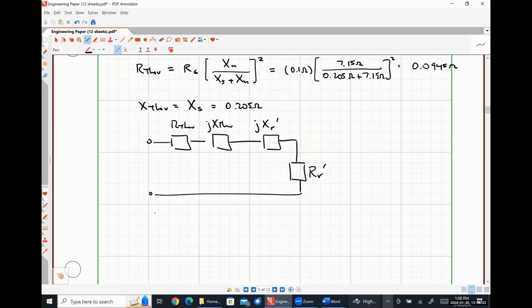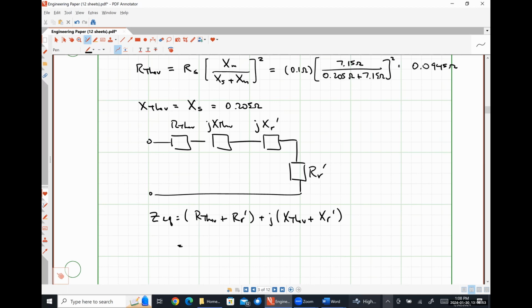So the equivalent impedance of our induction motor is just going to be RThev plus RR prime plus j times XThev plus XR prime.